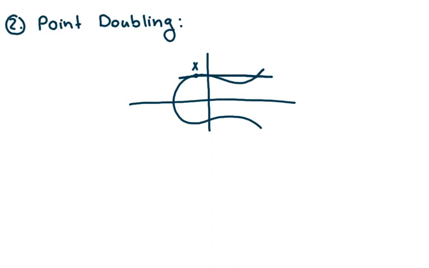This is called negative r in this case. And once again, if you reflect this point across the x-axis, you arrive at point r. Only this time, instead of being the sum of two unique coordinate points x and y, point r is instead x plus x.